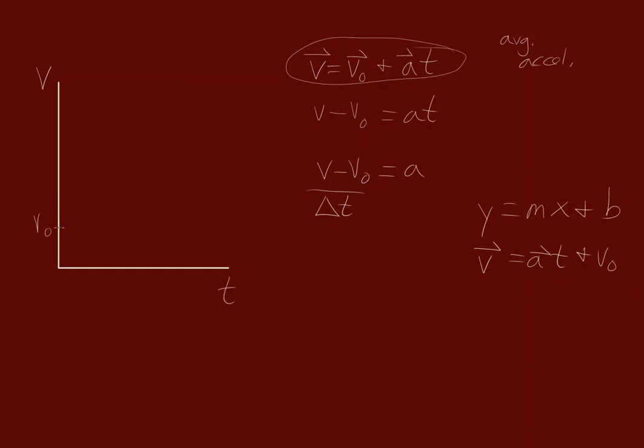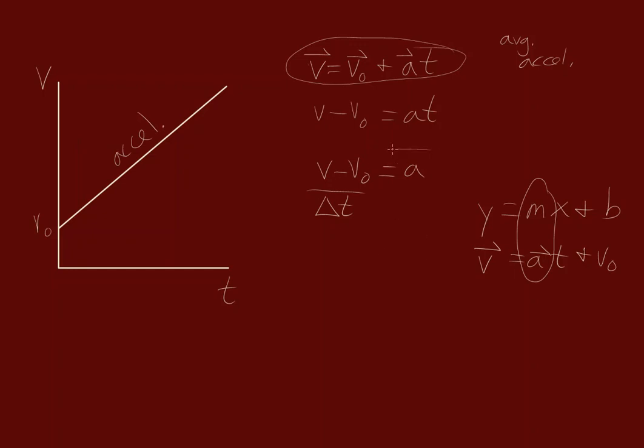So this line would be represented by this equation, and our slope would be the acceleration of the object.